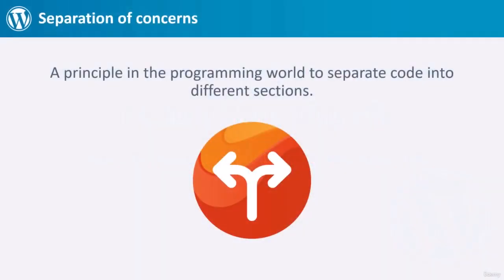In the programming world, we have a concept called separation of concerns. It's a simple concept. Writing code can be challenging if you're writing it in a single file. To keep things tidy, it's recommended that we separate our code into different files. This idea of splitting code is called separation of concerns. You've already experienced this type of principle with HTML and CSS.